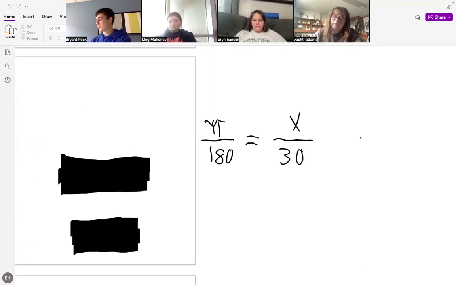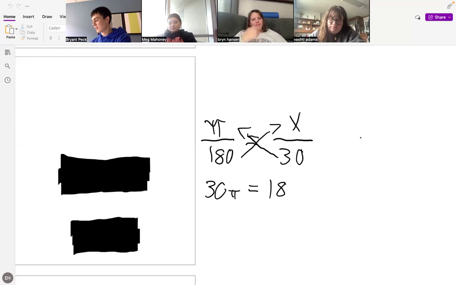Now, if we use algebra, how are we going to multiply this out? Cross multiply. That's right. So 30 pi equals 180x. And then what's our next step?